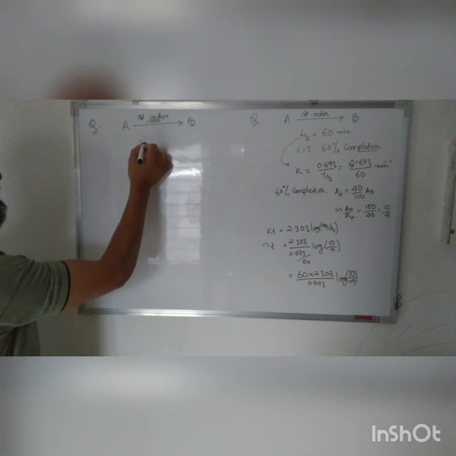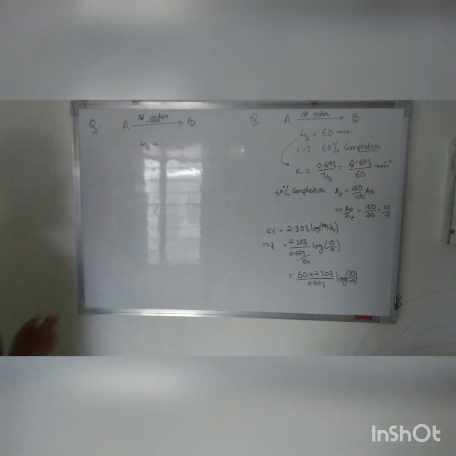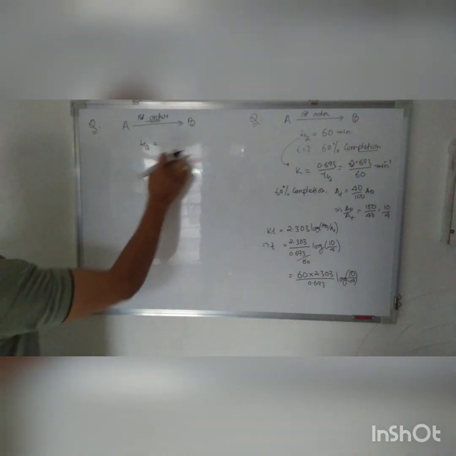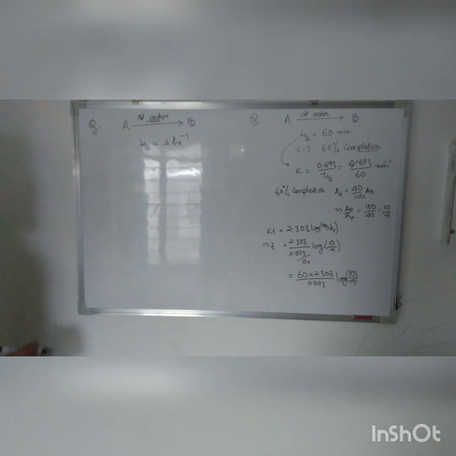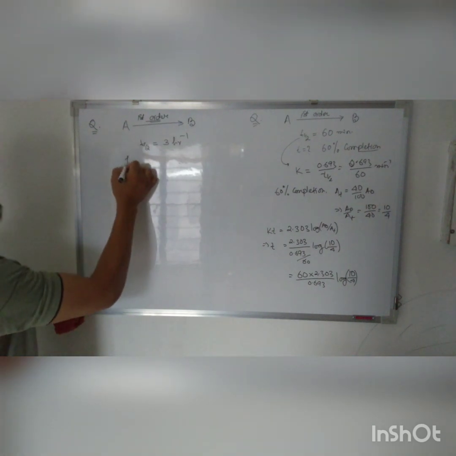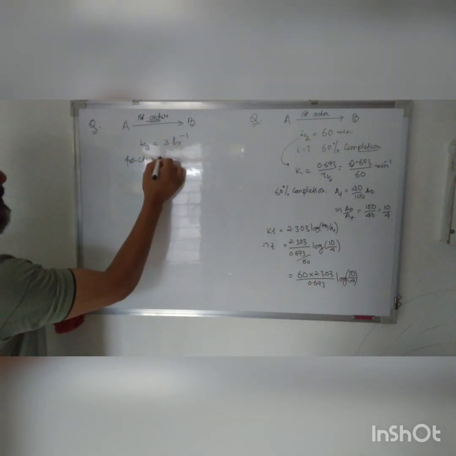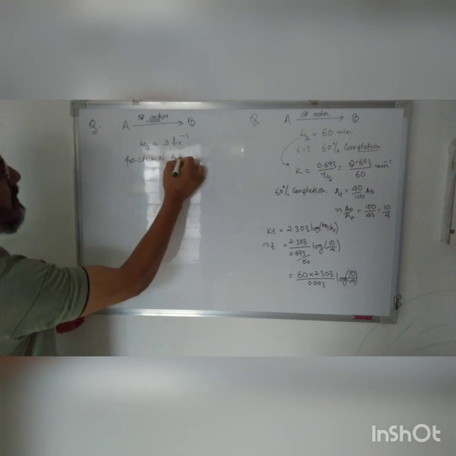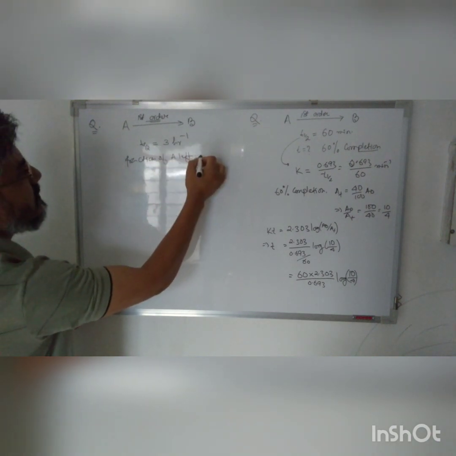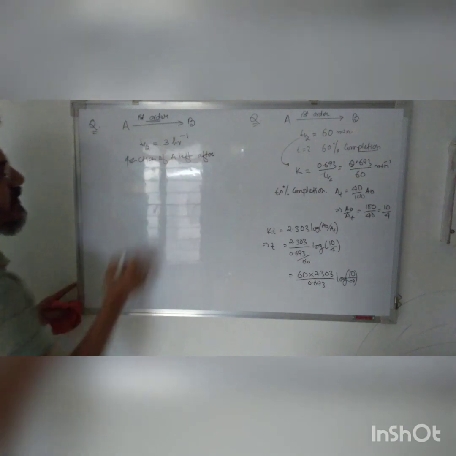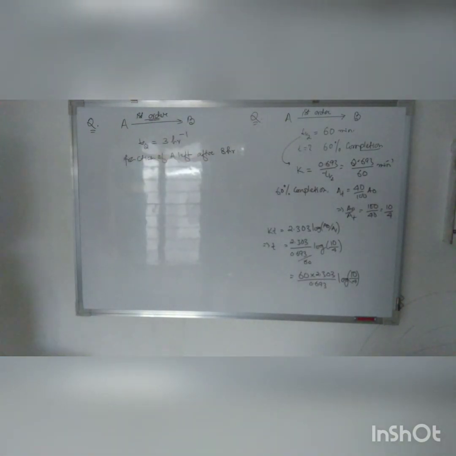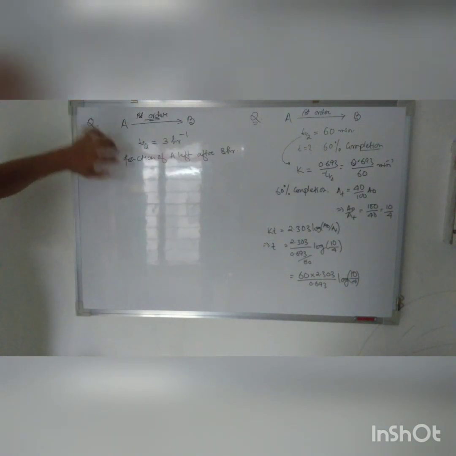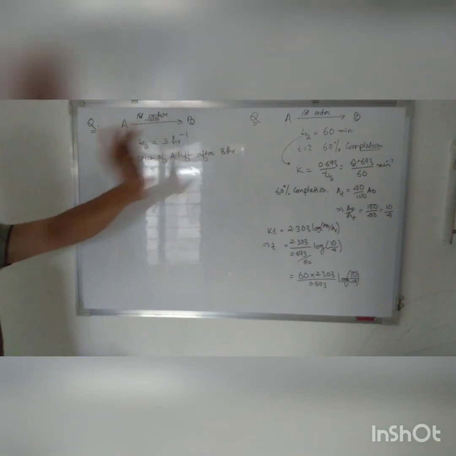Suppose the half-life is given as 3 hour inverse. Then what is the fraction of A left unreacted at the end of 8 hours?